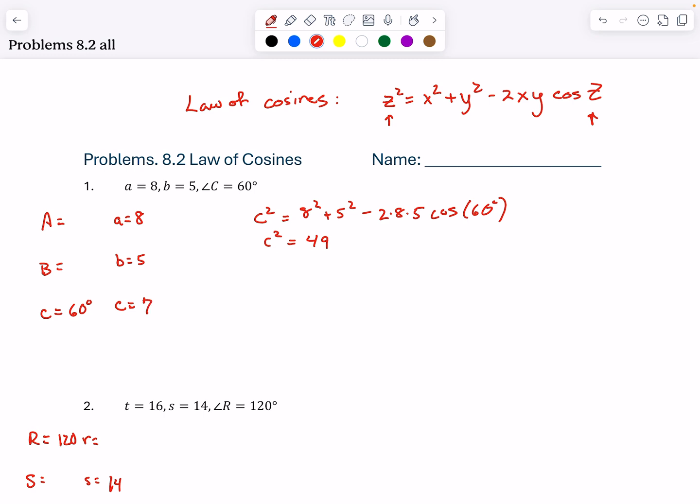Once you have that, you can use the law of cosines again, or you can use the law of sines to figure out one of the angles.